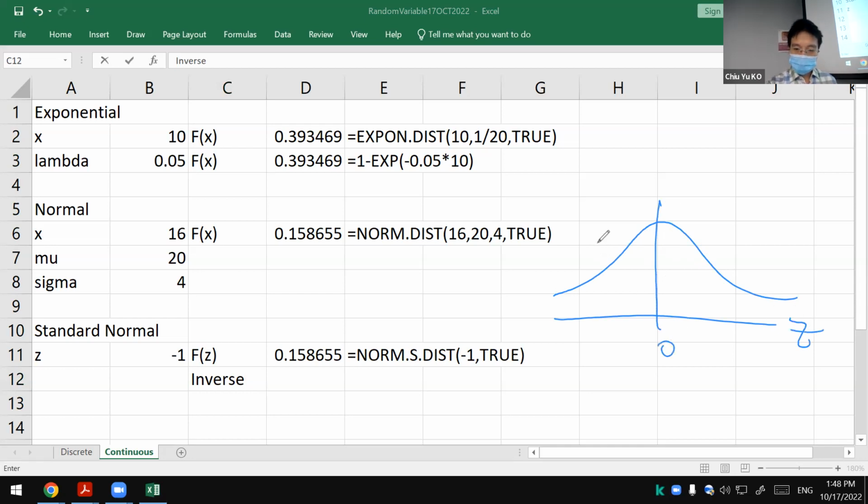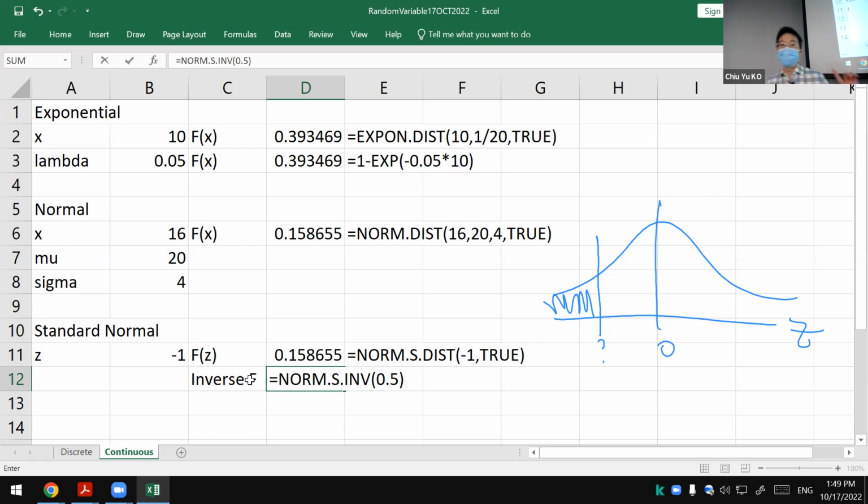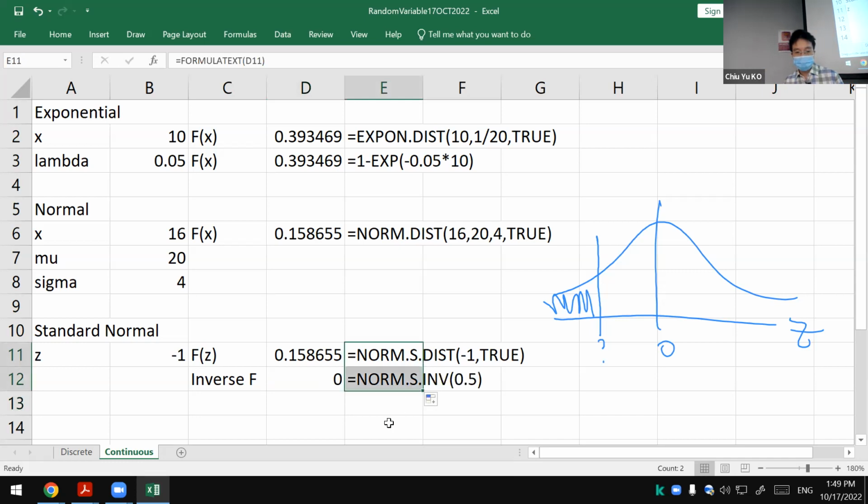Suppose we have this area, and we want to find what is the number of this, the inverse of F. What we do is NORM.S.INV. You just put the probability there, then we're done. So maybe I put 0.5. You already know what that number should be. Should be 0, right? So let's check. That's how you get this number.